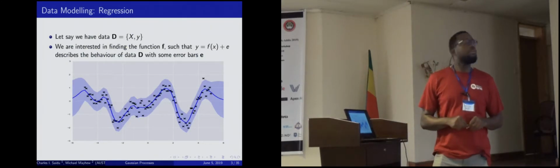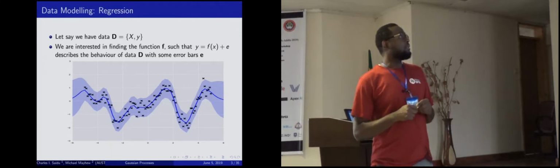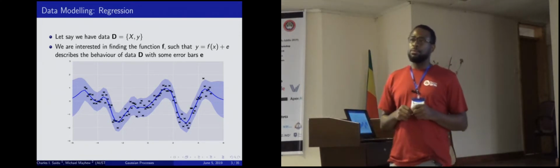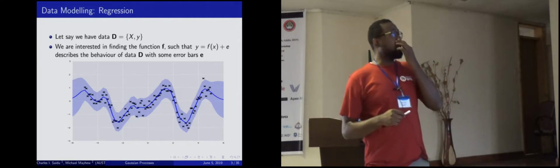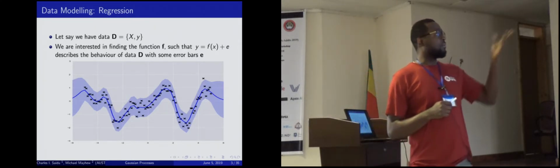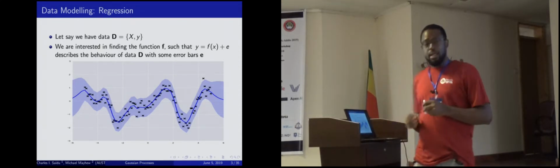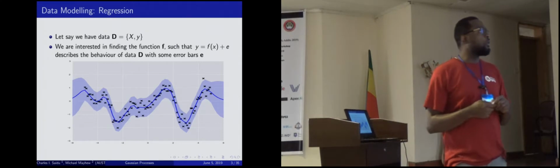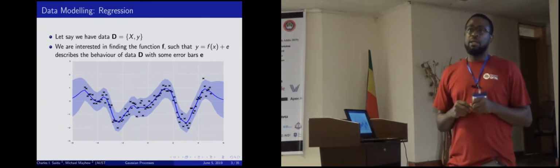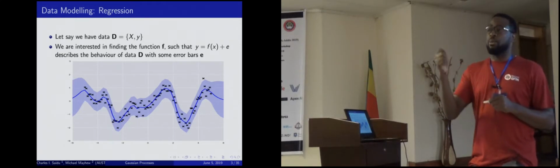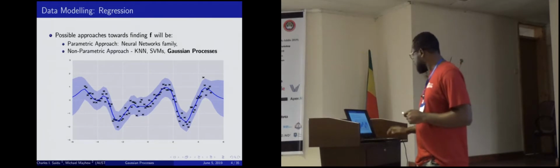All right, so for a typical regression problem, we are given data, which is usually a tuple x and y. And we're interested in finding some function that describes the data. Okay? And in this case, we want to find that function with some level of uncertainty around whatever point we try to estimate.